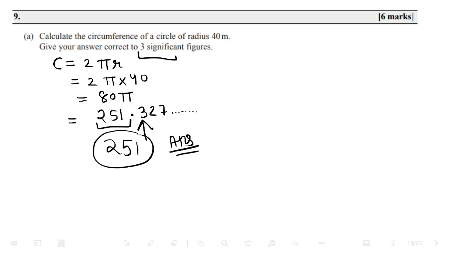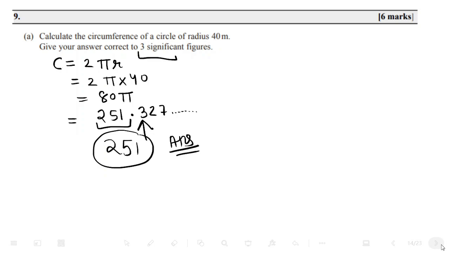Now this was part A. Now we are coming to part B. Now see the rectangle.